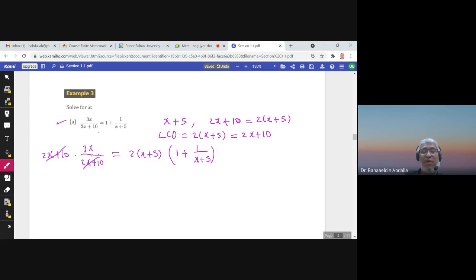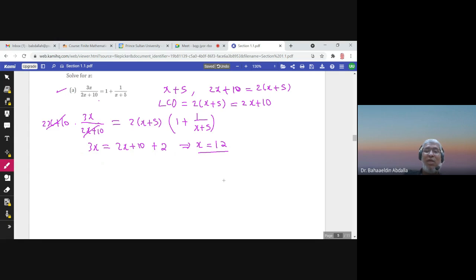So I will have 3x equals, this times 1 would be 2x plus 10, plus. Now if you multiply this times this, x plus 5 cancels with x plus 5, and I will have 2 times 1, which is 2. So 3x, now I need to get rid of the 2x, so I will subtract 2x from both sides. 3x minus 2x would be x, and it would be cancelled from here, and 10 plus 2 is 12.